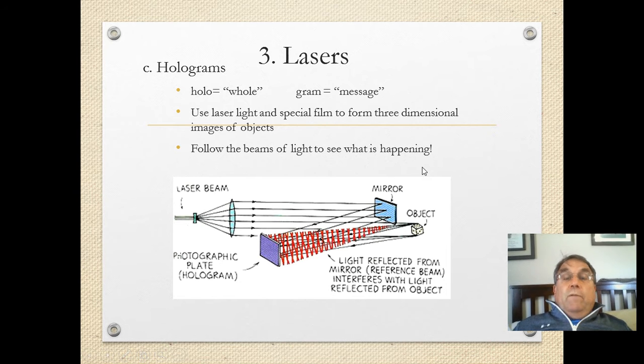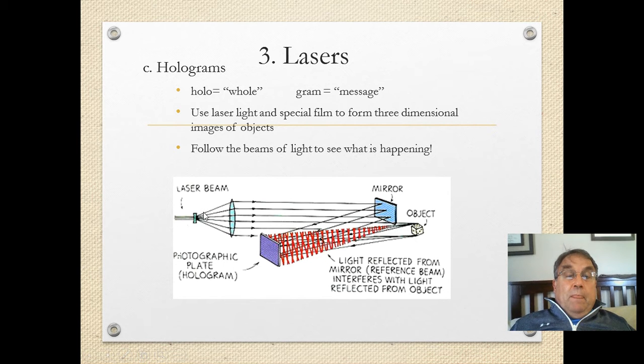One of the strange things that laser light can do is produce holograms. The way a hologram is made is they take a laser beam and shine it through a lens onto a mirror and onto an object that they want the hologram of. So you have laser light coming from the mirror to the photographic plate, the holographic plate, but then you're also having light that is reflecting off the object onto the holographic plate.